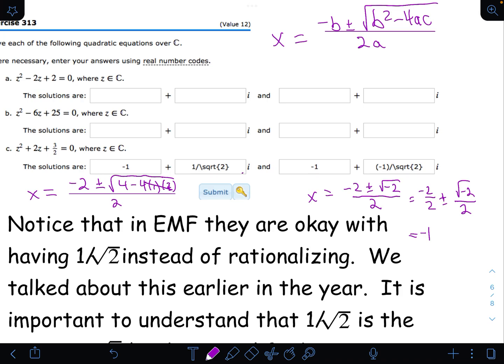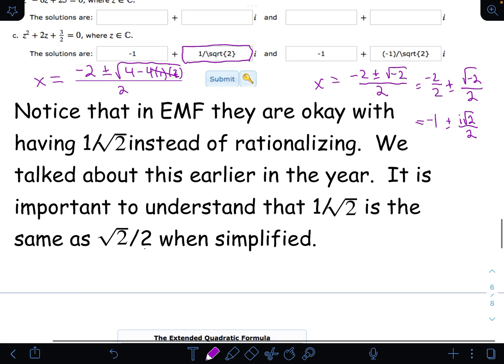Now, when I went to load the model answer for this one, you may notice that it actually says 1 over the square root of 2, and then it has the i, of course. Whereas on this, when I finish, I have i root 2 over 2. What I want you to understand is that root 2 over 2 is equivalent to 1 over root 2.